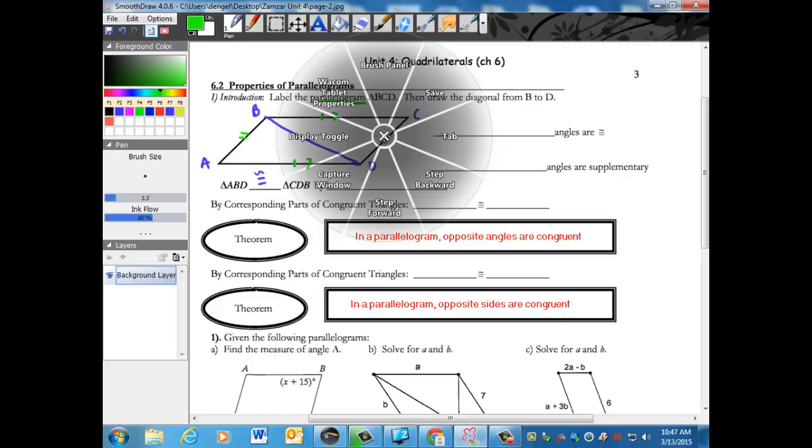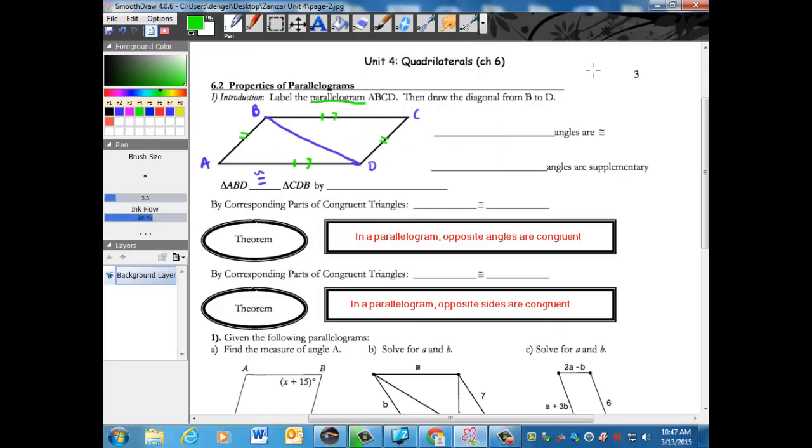That's pretty much all that I need to do, because now I can say that I have side, side, side, and by reflexive property, I can say that these two triangles are congruent by side, side, side. And that is the easiest way that we can see it.